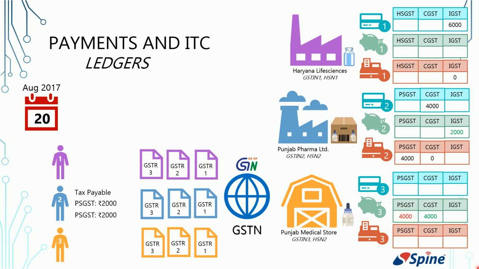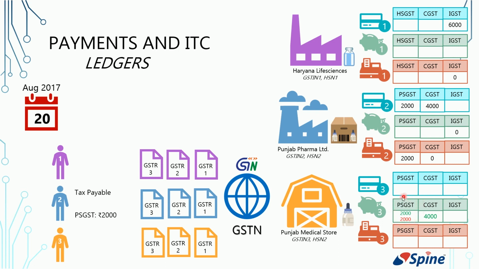Now, as we first use the credit for the payment of PSGST, the credit ledger of Punjab Pharma reduces to zero. The PSGST head of the cash ledger gets credited with 2,000 rupees, and the liability ledger reduces to 2,000 rupees. Please note that the PSGST head of the credit ledger of Punjab Medical Store gets divided in two parts, provisional and eligible.